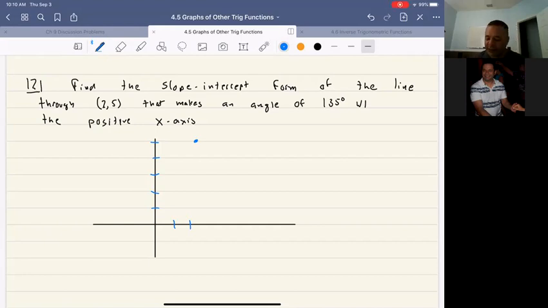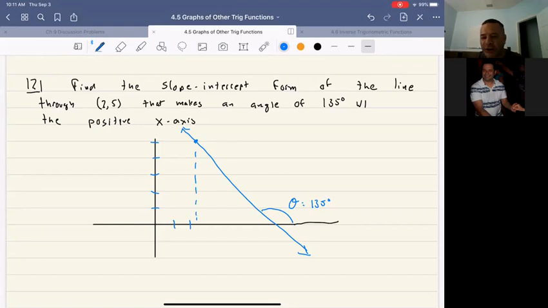And it makes an angle of 135 degrees. Now 135 degrees is actually pointing into the second quadrant, so I'm going to draw it that way. So I've got some line like so, and this angle here is my 135 degrees.